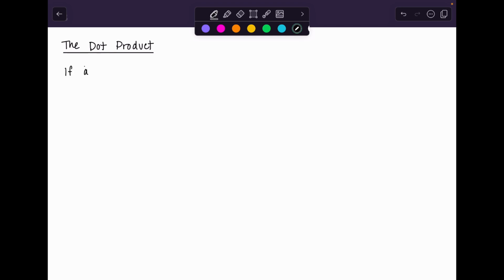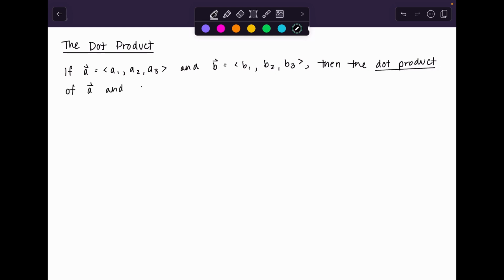If we have the vector A, which has components A1, A2, and A3, and the vector B has the components B1, B2, B3, then the dot product of A and B is defined as follows. So we use the dot, which is like our multiplication.